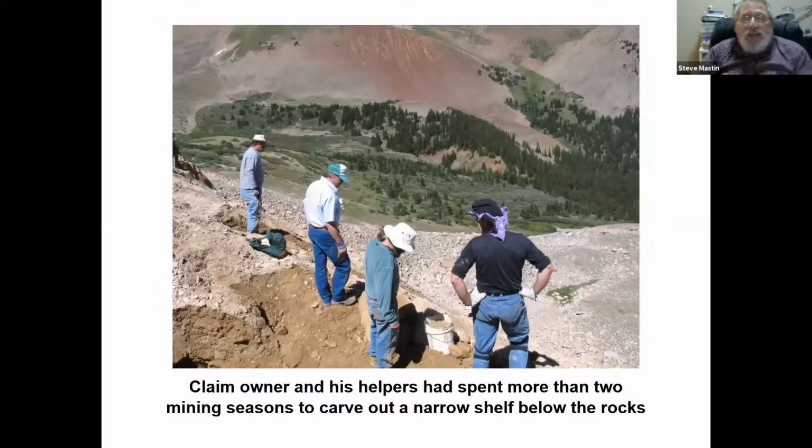All right, so the claim owner and his helpers, and the guy on the far left with the stuff on the ground is my friend John. The other guy in the white hat in the middle here is the owner of the claim, and his 2 helpers, one of whom is a circus performer who was taking the summer off to work with this guy on his claim because it was good exercise and he didn't like going to the gym.